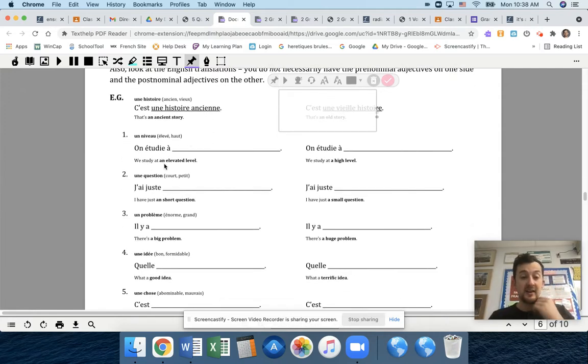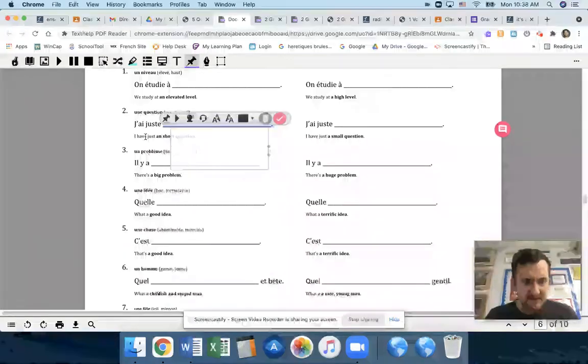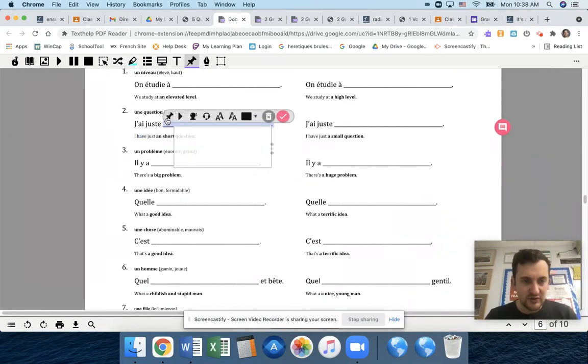So actually, let's do another one because I did those in the notes. I've got a short question and I've got a little question. So I have just a short question. Now, short is not in the poem, au petit grand gros premier joli beau, au trop long mauvais bon jeune vieux nouveau. So we're going to say une question and then put it in its normal place, court. Also, feminine.